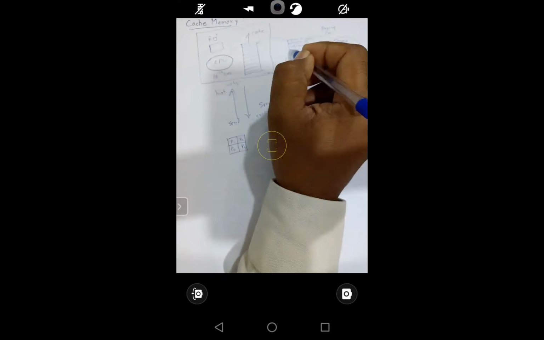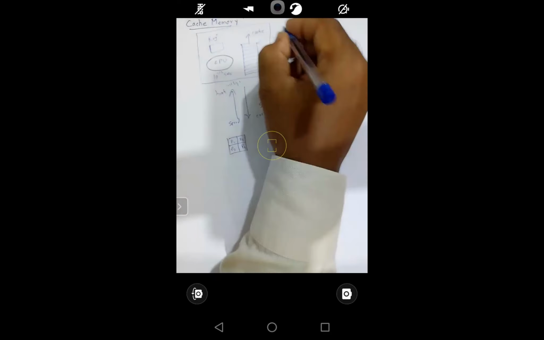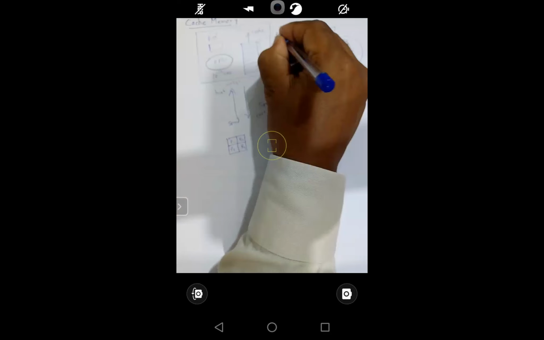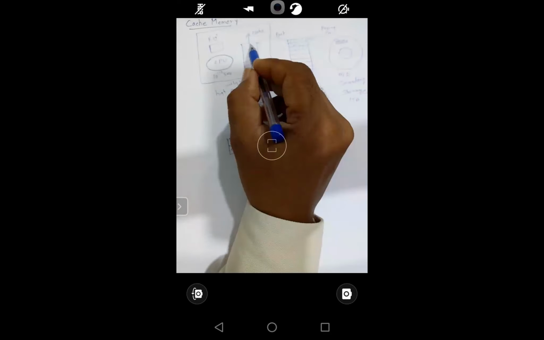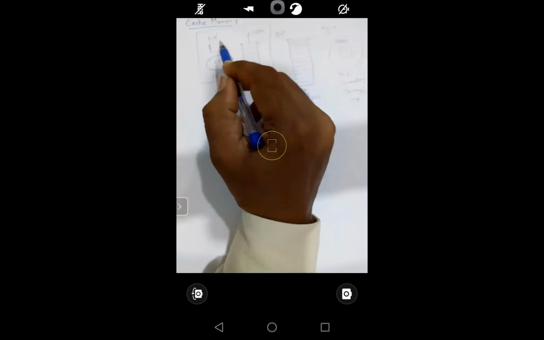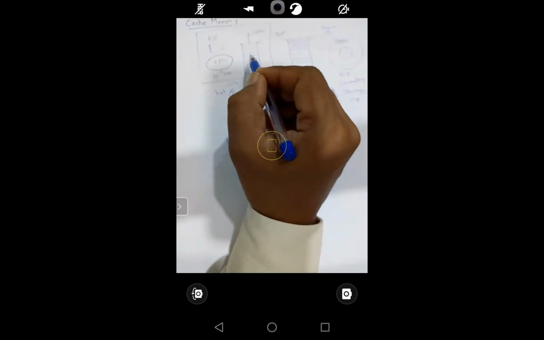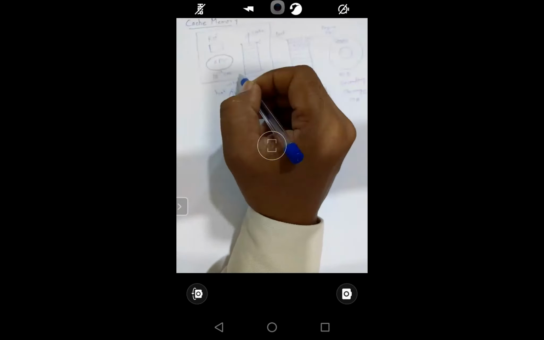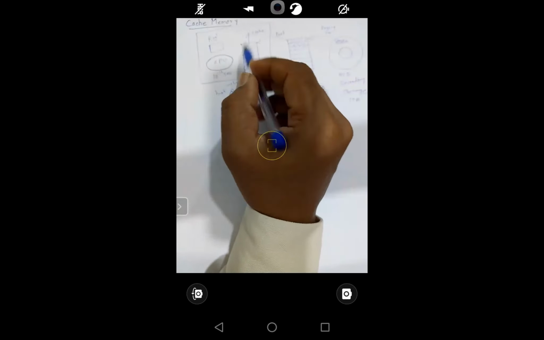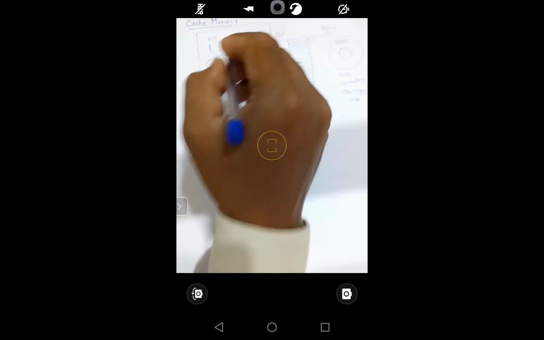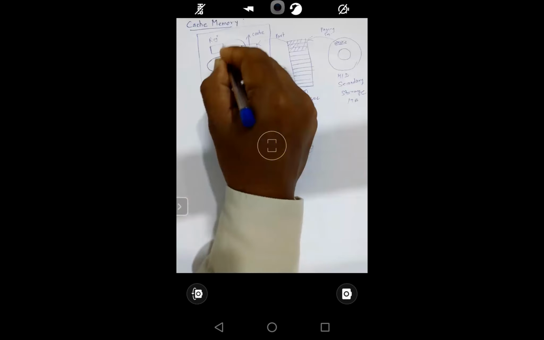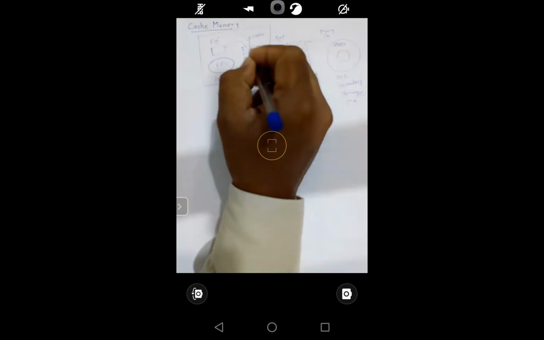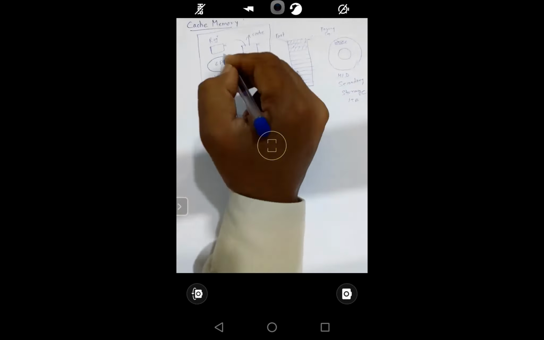So in this way, the part of data we will put into the cache, right? Again here, if you compare the cache and the register, you will find the cache has bigger memory than the register. So again, what we will do here, we will put the required byte or required instruction into the register, right?